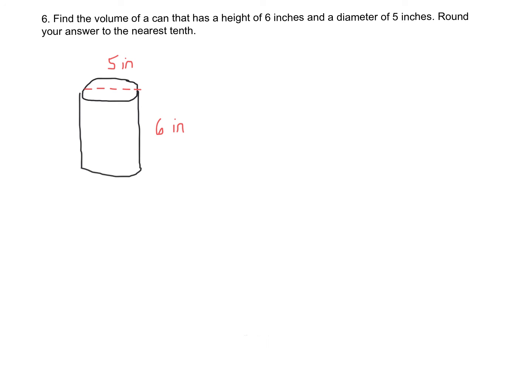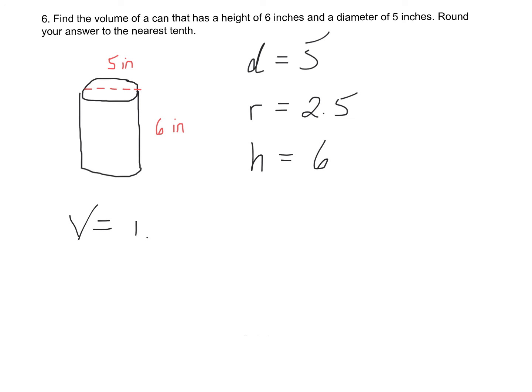So in order to calculate my volume, I'm going to need some information here. They do tell me my diameter is 5, but I'm really going to need the radius, which is going to be half of that, 2.5. And I'm obviously going to need my height, which in this case is 6. So once we have all our given information down, now I can go to my formula and plug everything in.